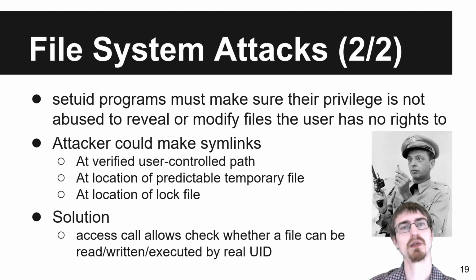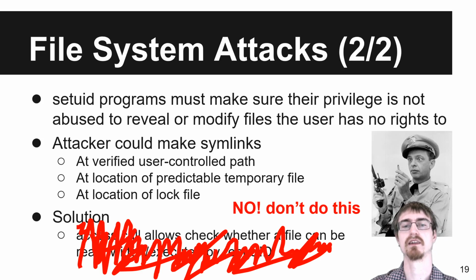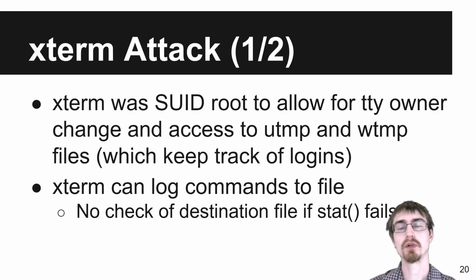So this should be completely safe, right? No, actually not. You shouldn't use the function access because it's inherently unsafe, it turns out. So before discussing why access is unsafe, let's first consider a nice example of a confused deputy attack using symbolic links. So this is the xterm attack, and this was a real attack.